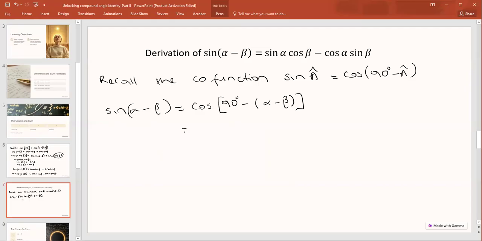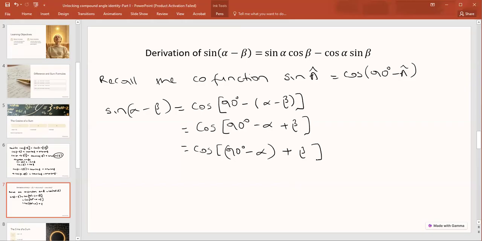So how can we simplify this? We're going to have cosine of 90 degrees minus alpha plus beta. Now we can use our previously proven compound angle identity to obtain the following.